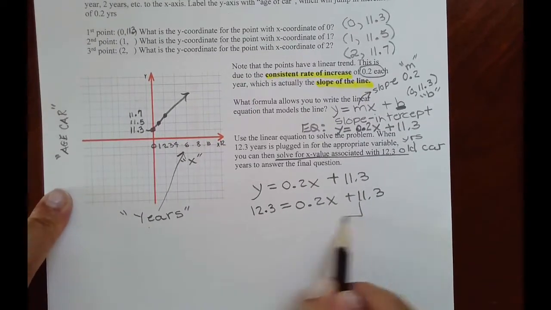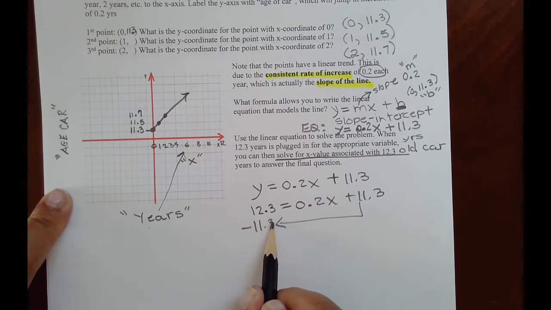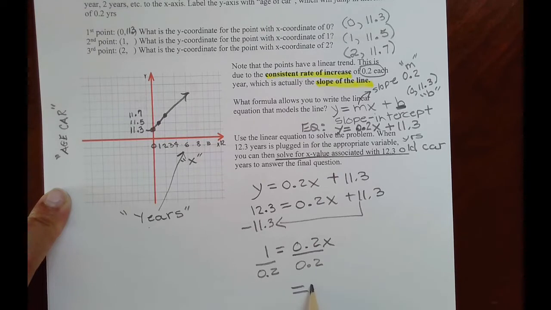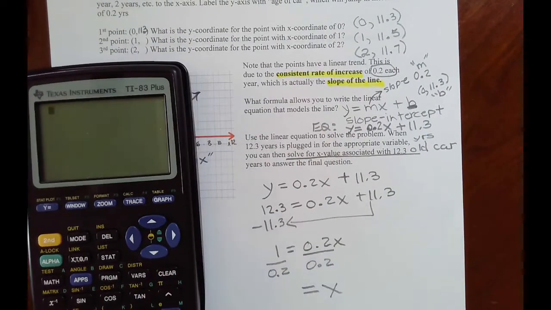So we can bring this over here. You'll have a 1, you'll have a 0.2x here, and then we can divide by 0.2 on the left as well as the right. And we end up with 1 divided by 0.02.